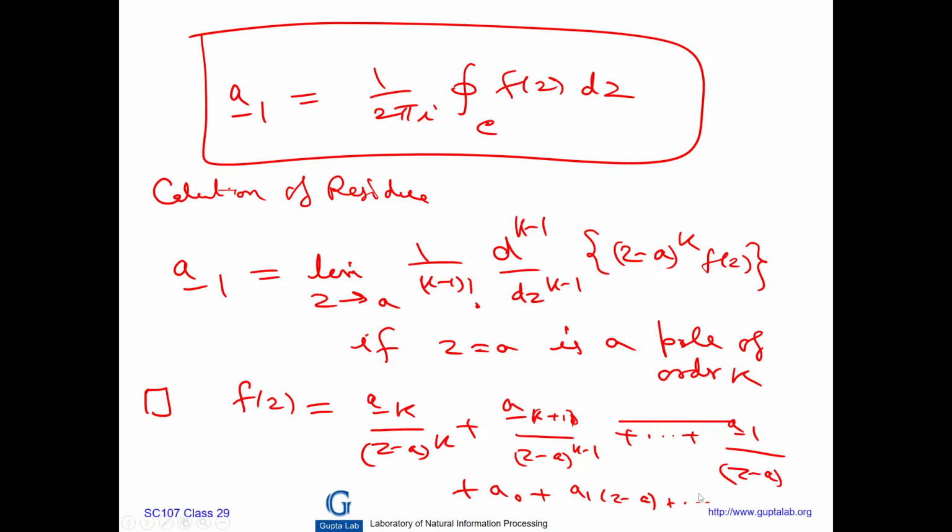I don't care about the positive part. So we have negative terms, finite, and the highest is k in the Laurent series, because there is a pole of order k.